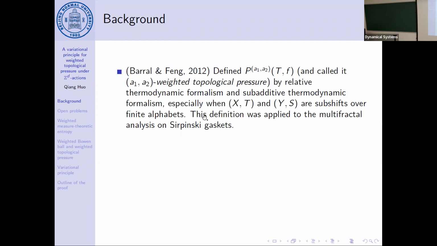As an application, this definition was applied to the multifractal analysis on Sierpinski gaskets. However, this definition relies on certain properties of the system, so this definition could not extend to general dynamical systems.